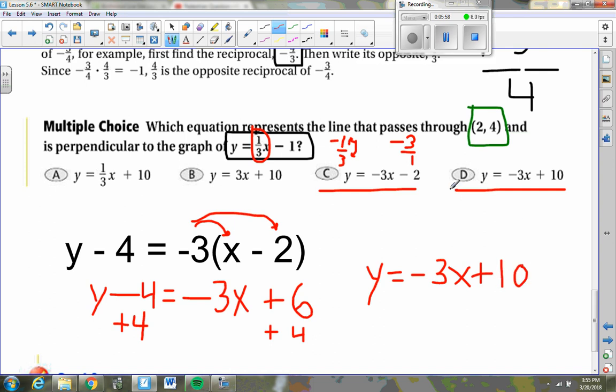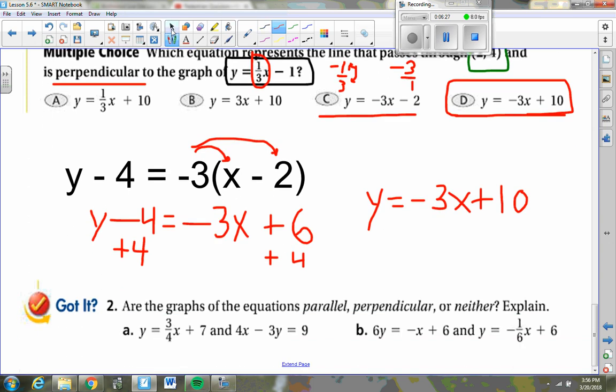So D would be my choice for this equation. It represents a line passing through (2, 4), because that's why I wrote my point-slope form, and it's perpendicular to this graph, and I know that because the slope is the opposite reciprocal, the flipped-over version, negative 3 over 1.